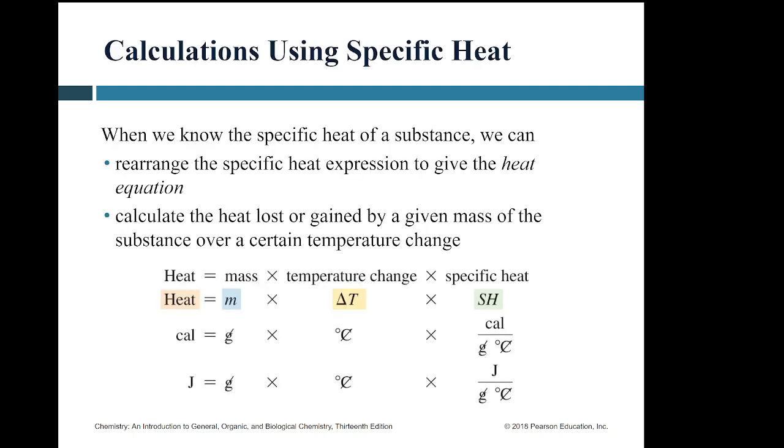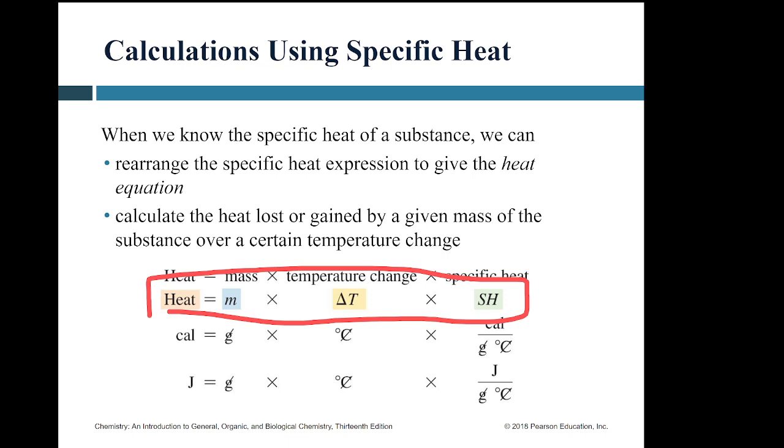Okay, so when we know the specific heat of a substance, we can actually rearrange that equation, and that will give us the heat equation. And that's why the heat energy is defined to that unit for heat energy, calorie. It's literally just a definition of specific heat, right? Okay, and so this is the heat equation in case you like equations and particularly love them so that you can memorize them or have them written down.